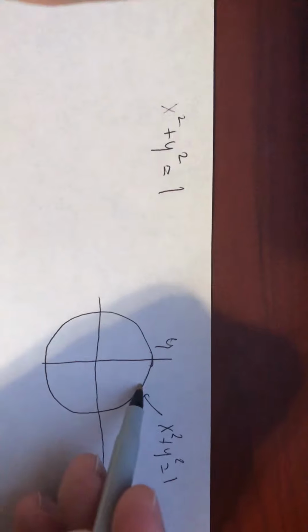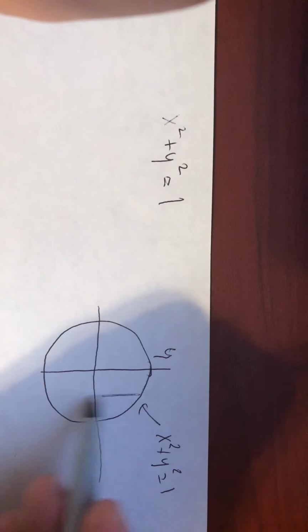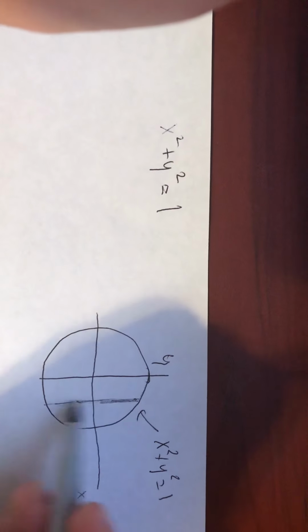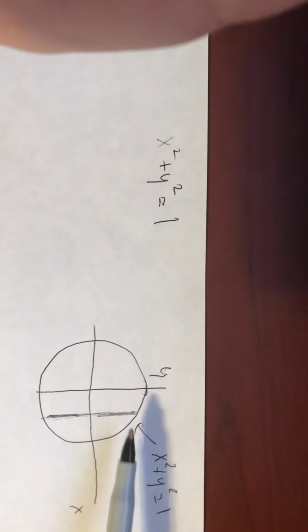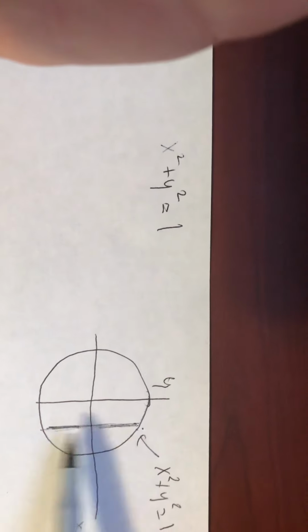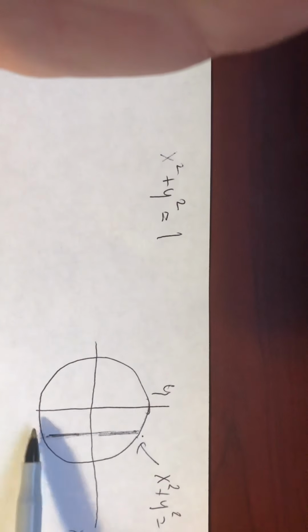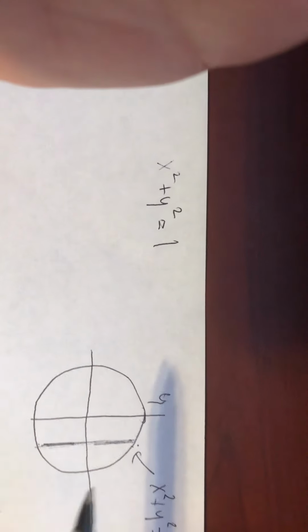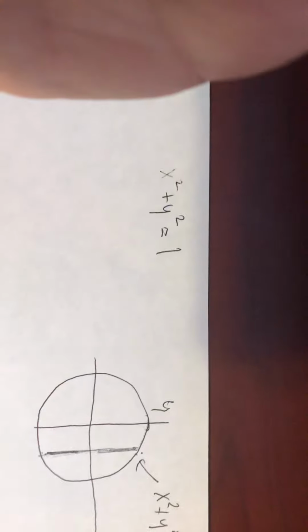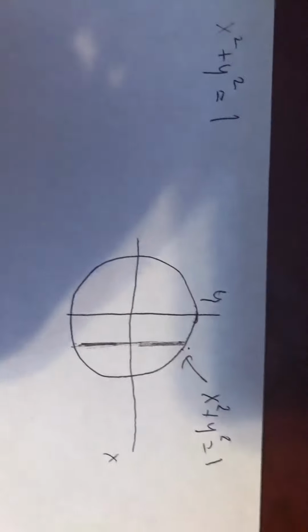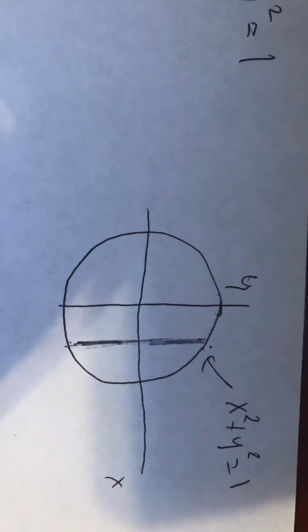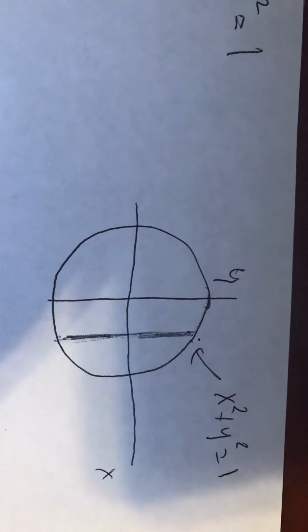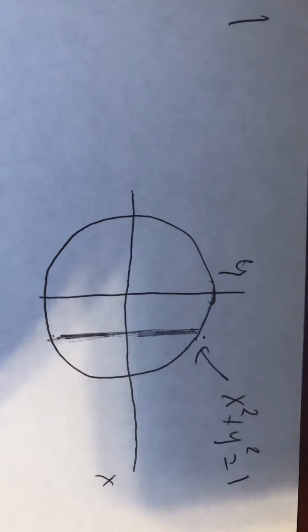My vertical cross sections are perpendicular to the x-axis right here. Now my solid is made by making these an equilateral triangle. So the equilateral triangle is coming up out of the page to make this a three-dimensional solid. The base of it is a circle, and then the cross sections are an equilateral triangle.